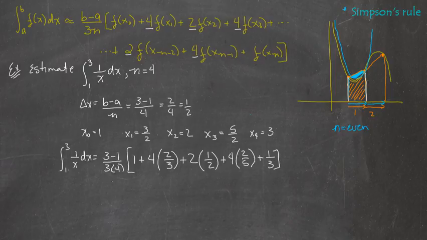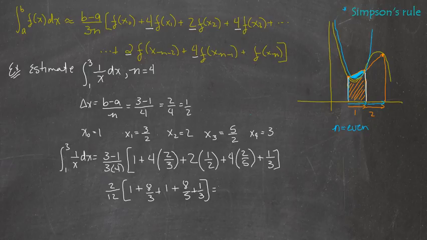Okay, so 3 minus 1 is 2, divided by 3 times 4 is 12, and 1 plus 8/3 plus 1, 2 times 1/2 is 1, plus 4 times 2/5 is 8/5 this time, plus 1/3.